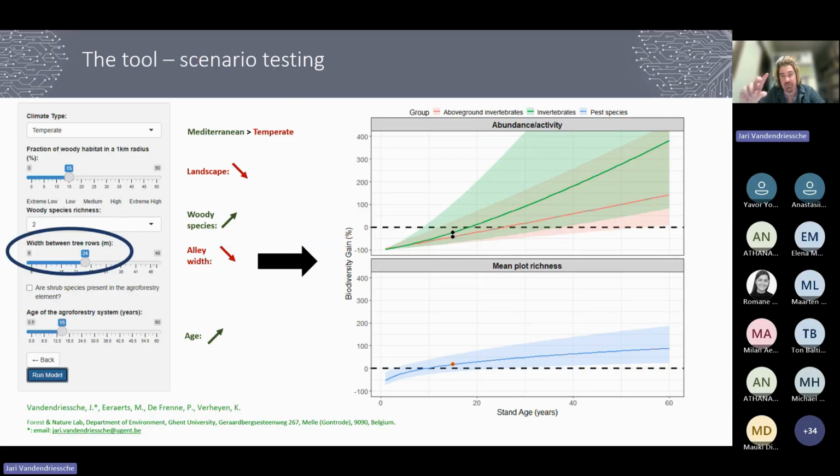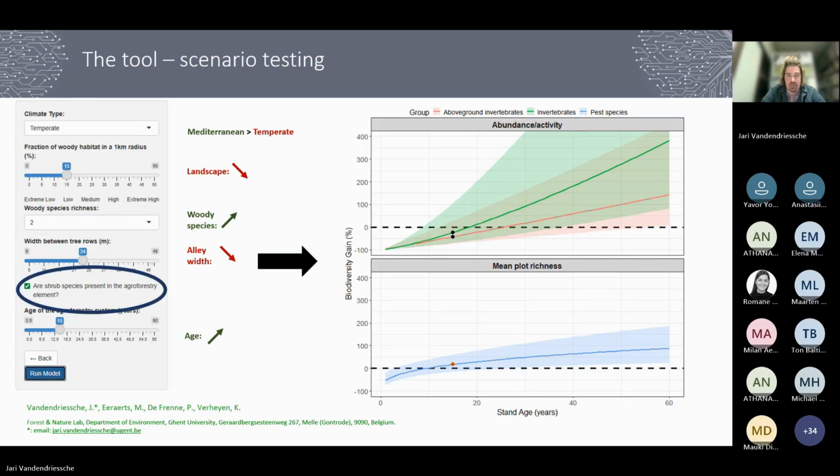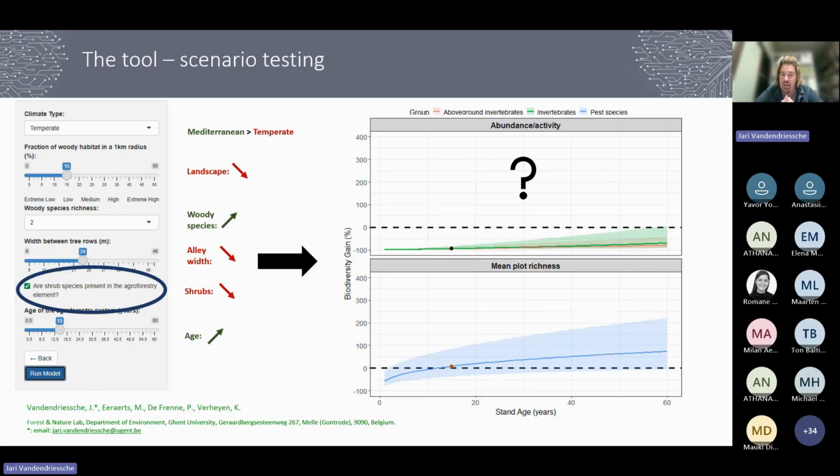Also important, it's very obvious that abundance and activity models respond more volatile than the richness models. And then the last one is what happens if we integrate shrub species in our tree row. And then it's quite mixed.